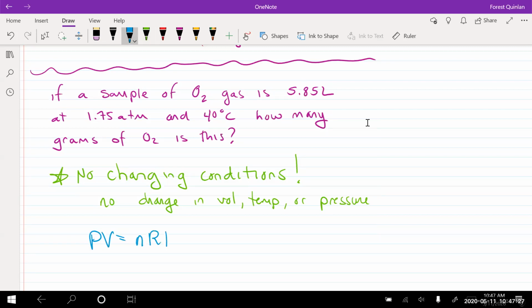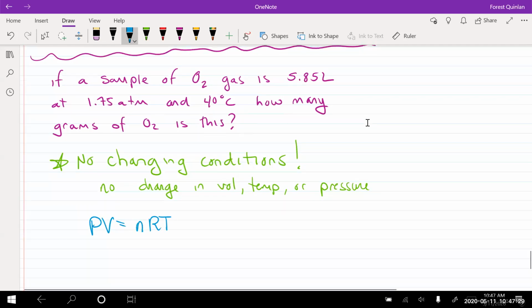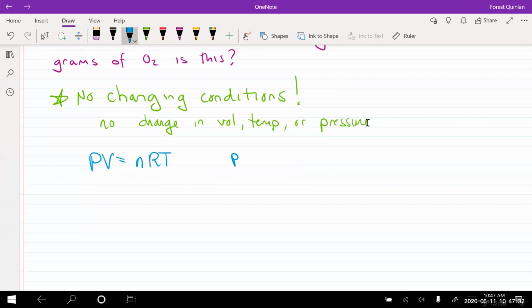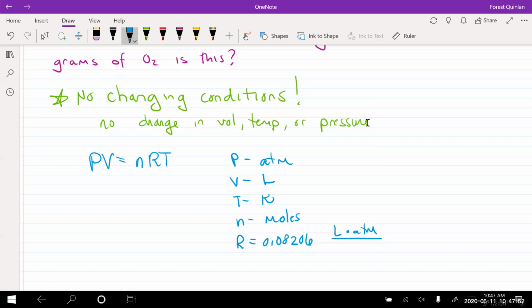Now it should be noted that when we're doing this, pressure has to be in atmospheres. Volume has to be in liters. Temperature, of course, is Kelvin, and amount is in moles, because R is 0.08206 liters times atmospheres over moles Kelvin. And that's why these have to be in those units.